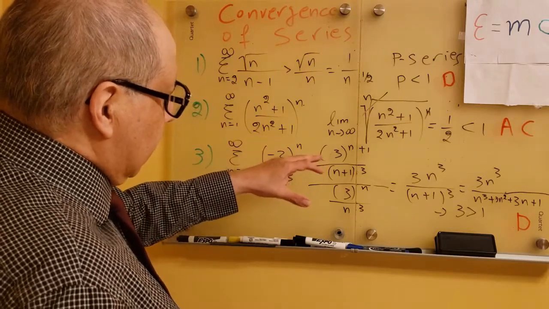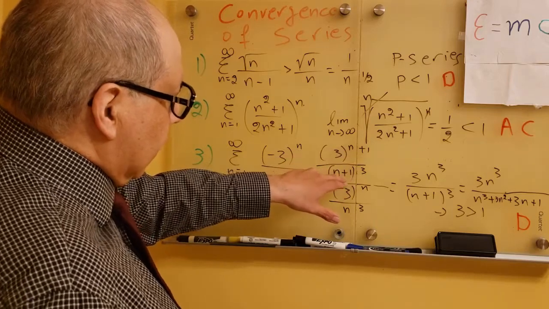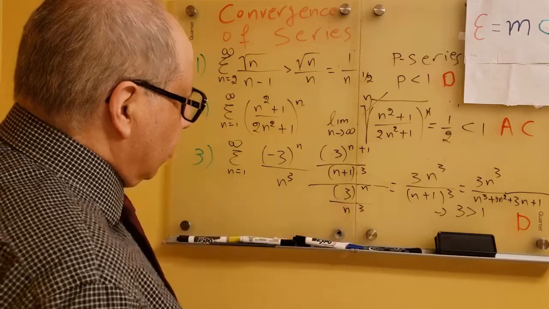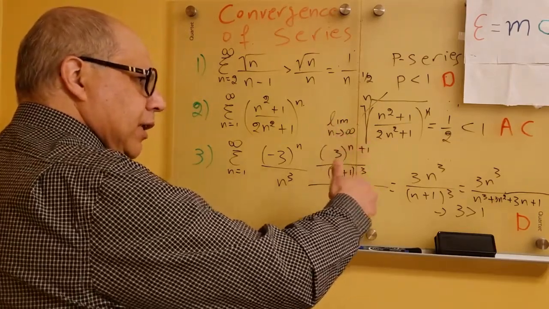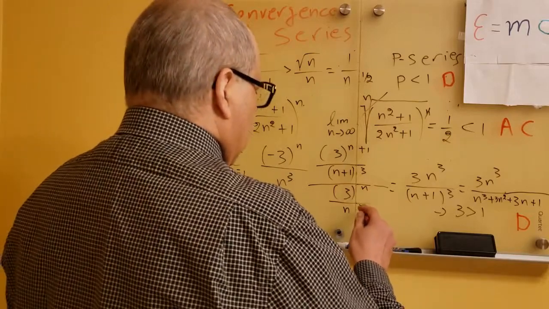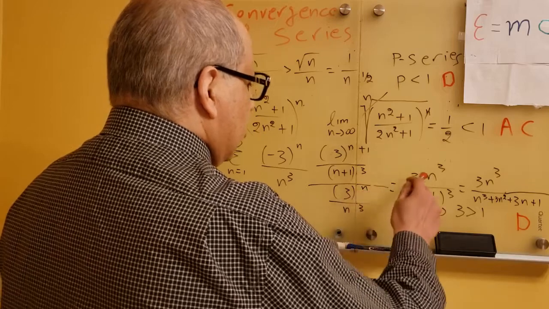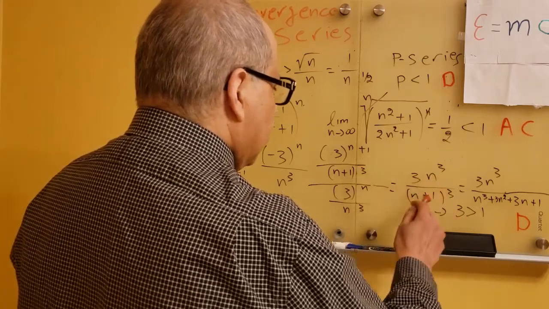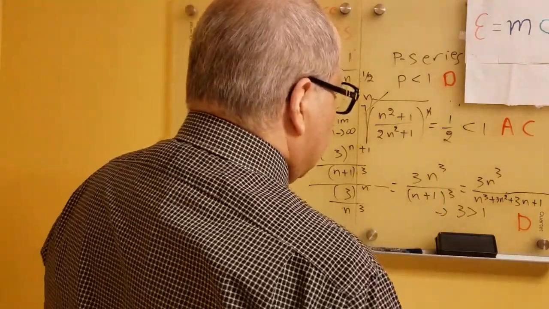Actually, the best test to take here is the ratio test. So if you take 3 to the n plus 1 over n plus 1 to the third, over 3 to the n over n to the third, which is a n plus 1 over a n, if you cross out the 3's, you're only left with the 3 here, and then n to the third over n plus 1 to the third.